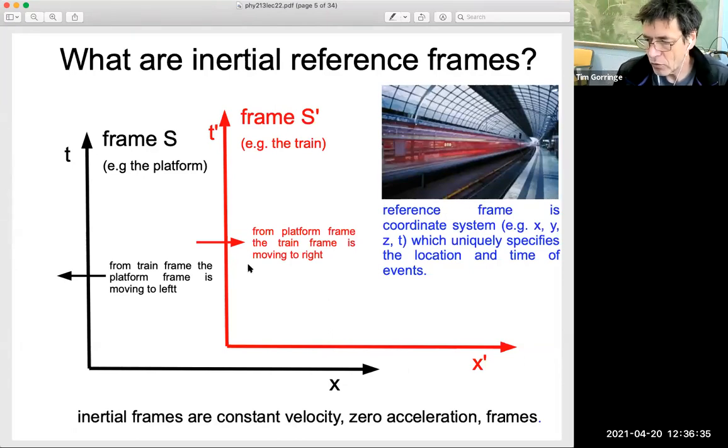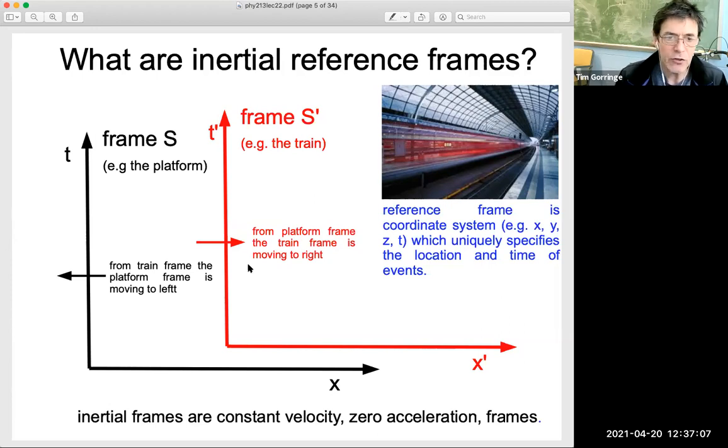Okay, so what are reference frames? I'm trying to show you in this little sketch what are reference frames. So reference frames are coordinate systems. Reference frames are spatial and time coordinate systems. So in three-dimensional space-time, we have three space coordinates. We normally call them x, y, and z, and we have a time coordinate t.